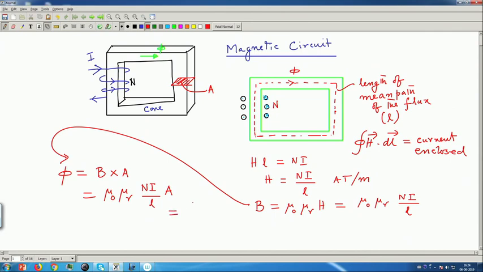Now, if you see, this can be written as N I, and bring all the other things into the denominator, which will become 1 by mu 0 mu r, L by A. Why I have written it in this fashion is that this is the cause, I can identify this is the cause, and phi is the effect.